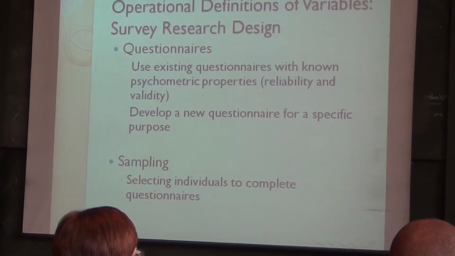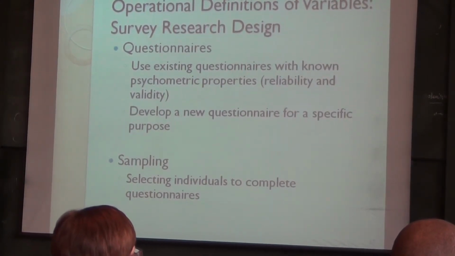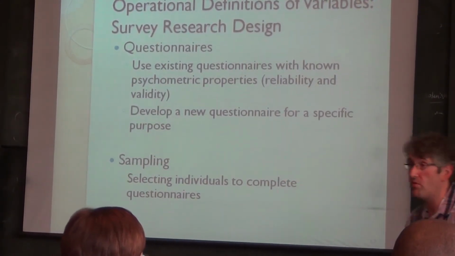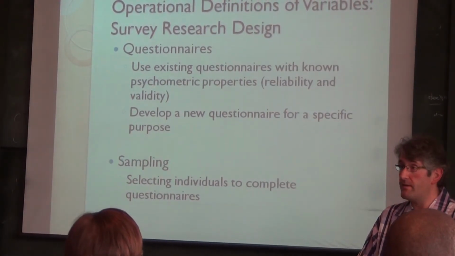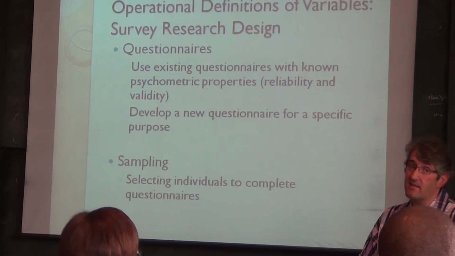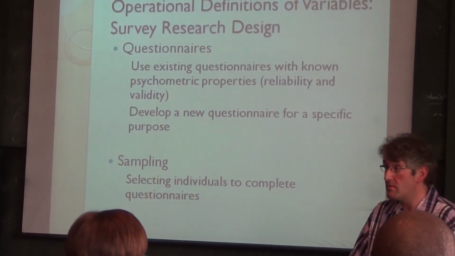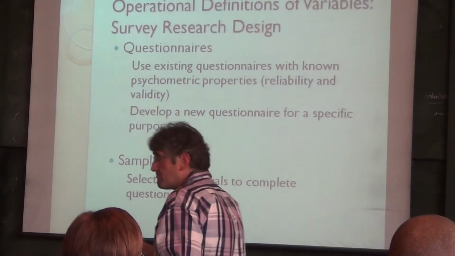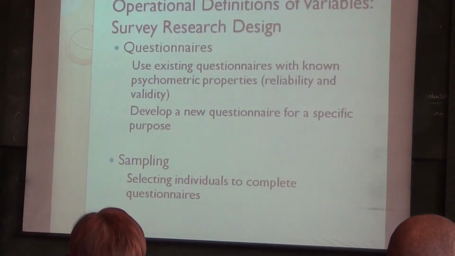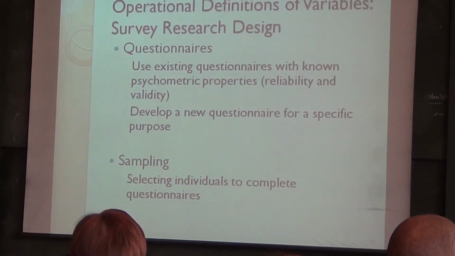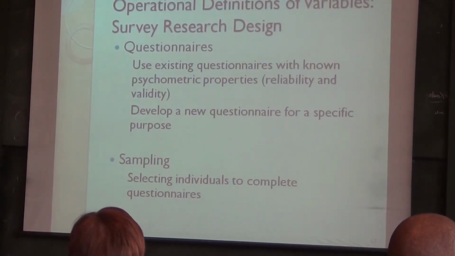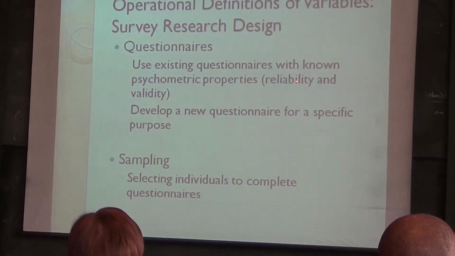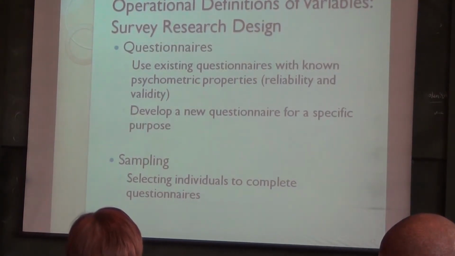Usually those questionnaires are of a standardized nature, so you ask the same questions to all the individuals in that particular survey. You try and get a large enough sample to get as representative a response as possible. And we also focus on using questionnaires with reliable and valid information.